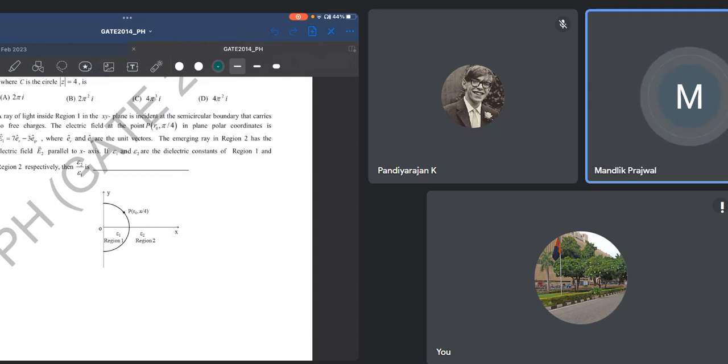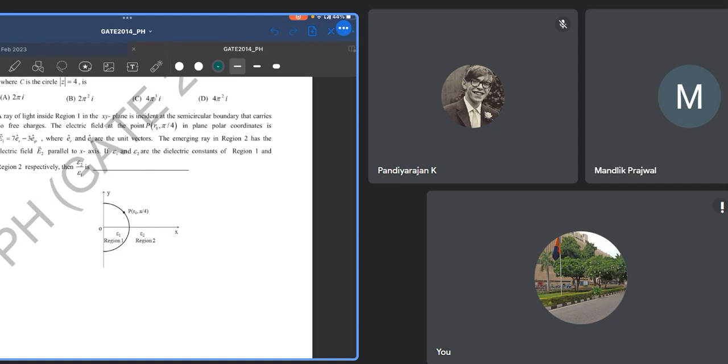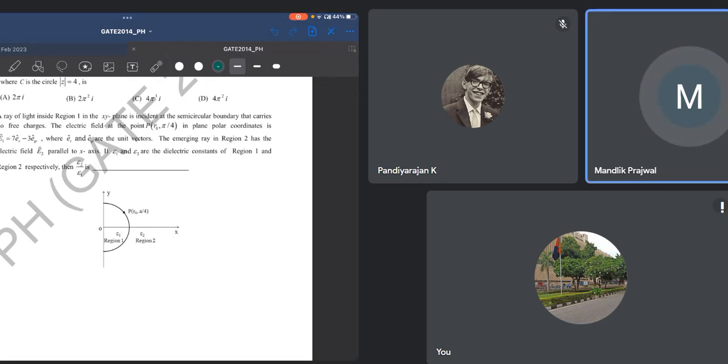But here it is bending away from the normal, so I didn't get that point. But it is not given that our light is going from rarer to denser. They have just given that the answer is coming like that, E2 is coming greater than E1.